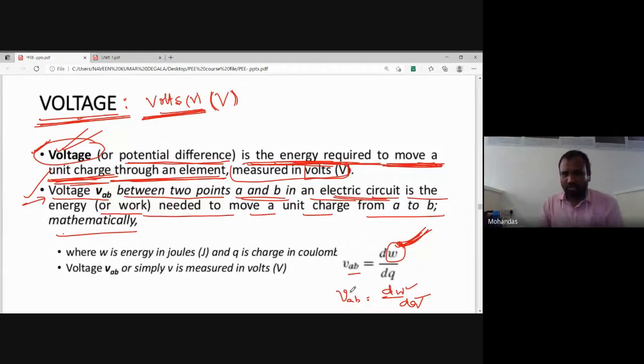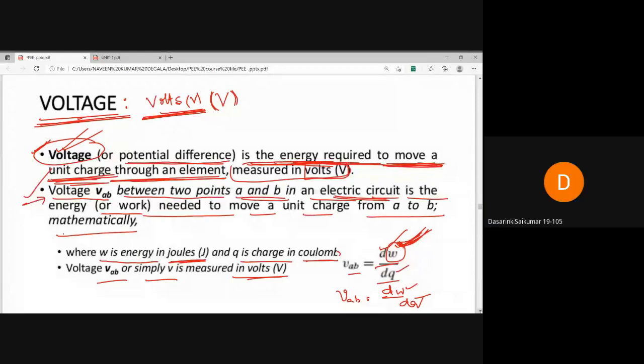What is dW? It is the work done. What is dQ? Charge, where W is the energy in joules and Q is the charge in coulombs. Voltage VAB, or simply V, is measured in volts. So this is about the definition of voltage.